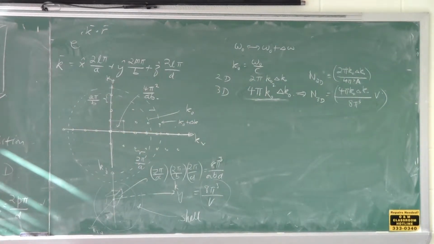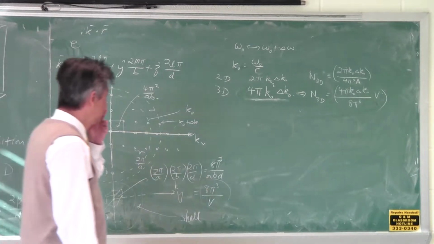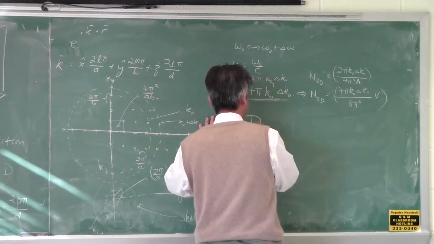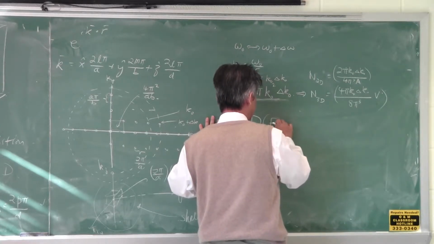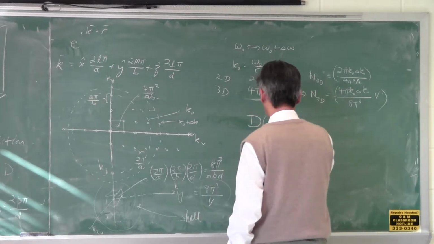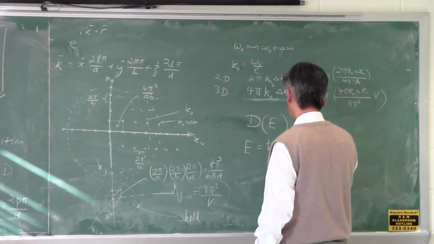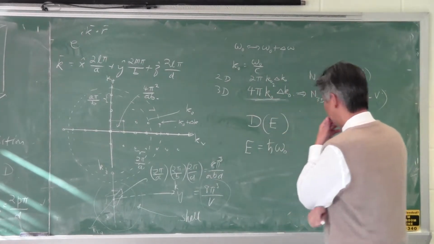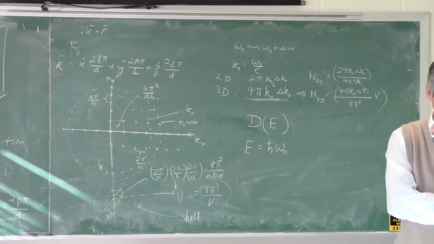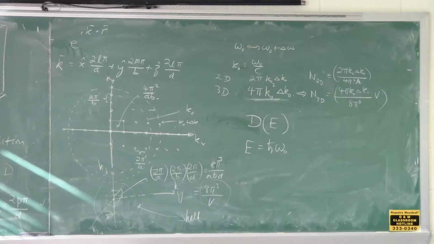But it would be nice to come up with an expression for the density of states as a function of energy, where energy is related to the operating frequency by this thing over here. In quantum mechanics, energy is related to the photon operating frequency by h bar omega naught.